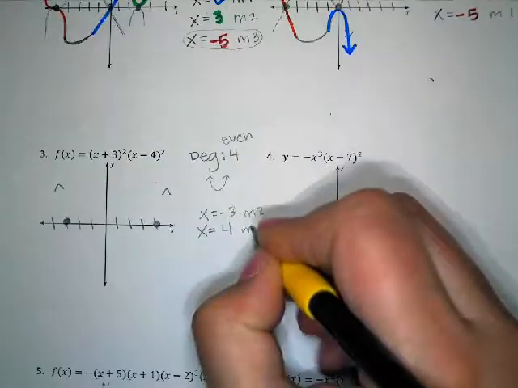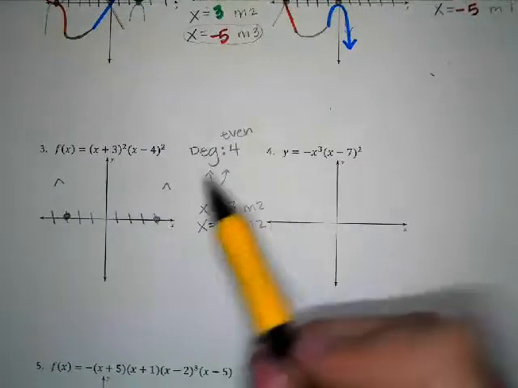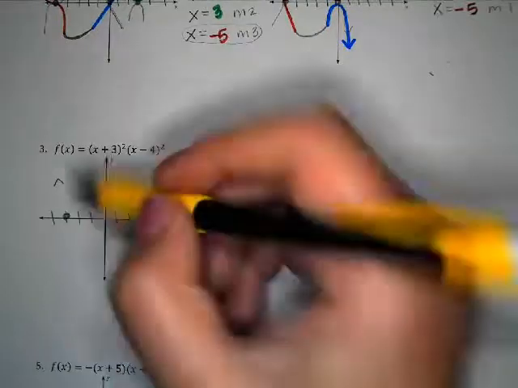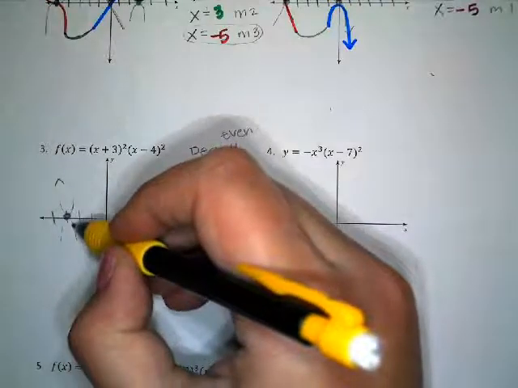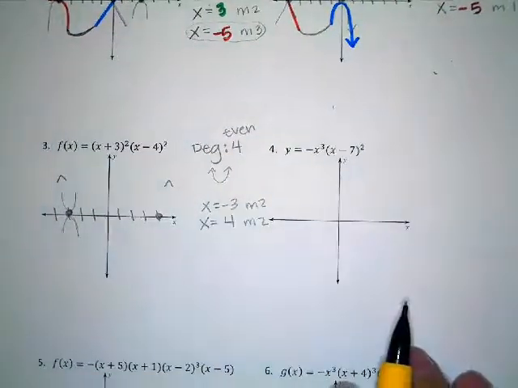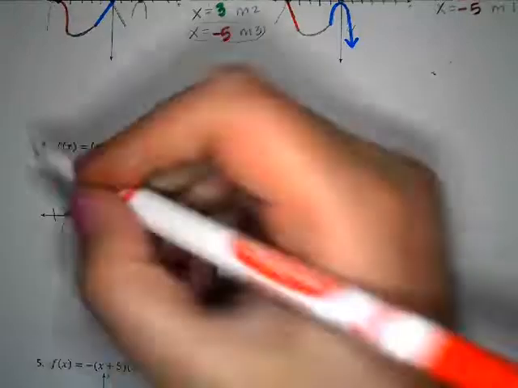So for -3, we can have a multiplicity of 2 like this or like this. Which one makes more sense? Yeah, it should be up. So the U should be above the x-axis. Okay.